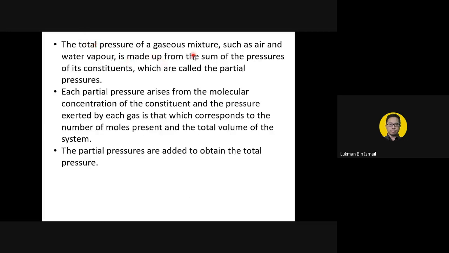The total pressure of gaseous mixtures such as air and water vapor is made up of the sum of the pressures of its constituents, which are called the partial pressures. Air also contains different gases such as nitrogen, oxygen, and CO2. So in a mixture of air and water vapor, you have different values of pressure for air and water vapor, and we call this the partial pressure: partial pressure for water, partial pressure for air.